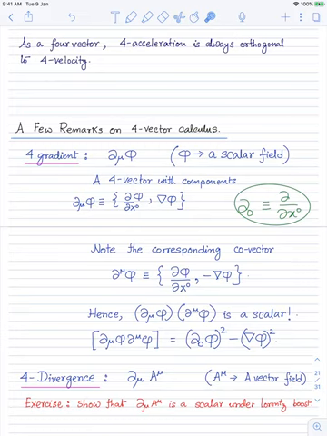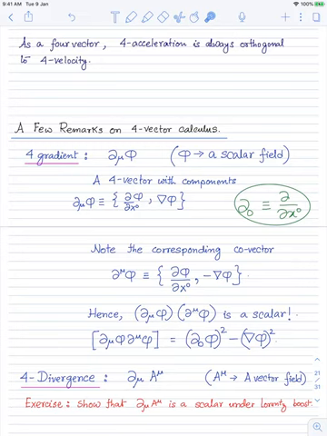The boost mixes up space and time, and it's almost like a rotation. The sine is replaced by sinh, and the cosine is replaced by cosh, the hyperbolic functions. So in many good senses, a Lorentz transformation is like a rotation.